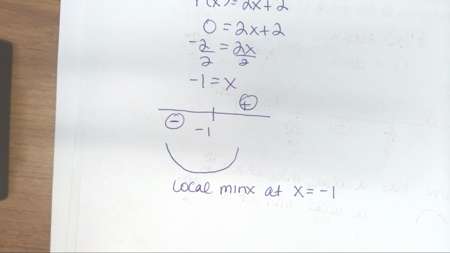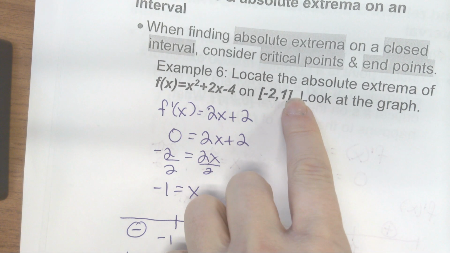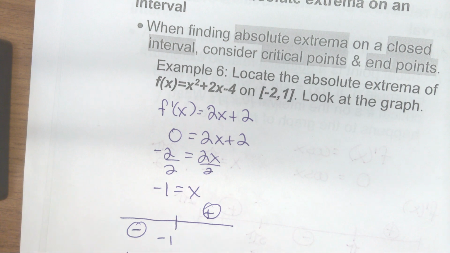And when I'm checking for absolute, I want to check the relative and the endpoints. And so when I say check, this is on the original function, we're going to plug this critical value and the endpoints, which were, what was the interval? Negative 2, 1, and we're going to evaluate them and figure out which one gives us the highest and the lowest of the function.